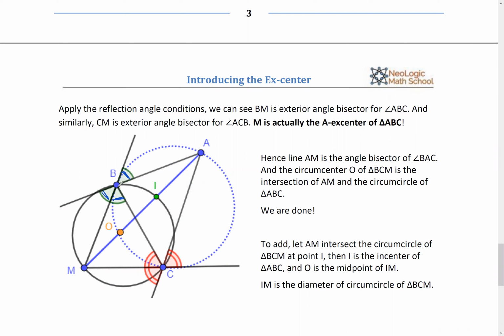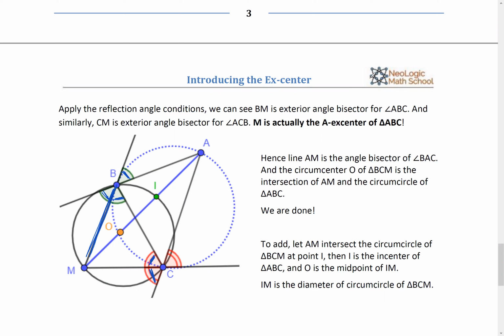So BM is an exterior bisector, bisecting the angle here. It's the exterior bisector for angle ABC. Similarly right here, this is also an exterior bisector.